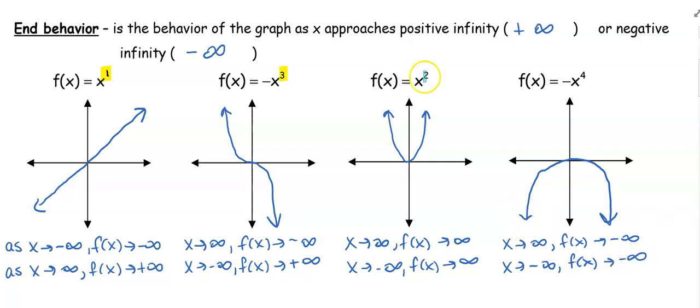So when you have an even degree polynomial, they're both going to be going the same direction. It all has to do with that positive or negative leading coefficient. So odd degree polynomials follow one set of patterns, and even degree polynomials follow a different set.